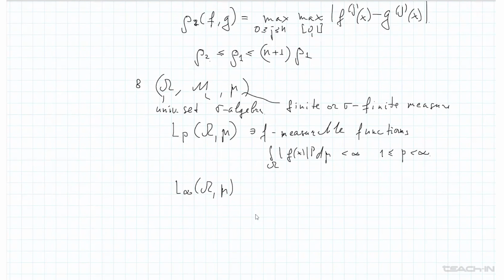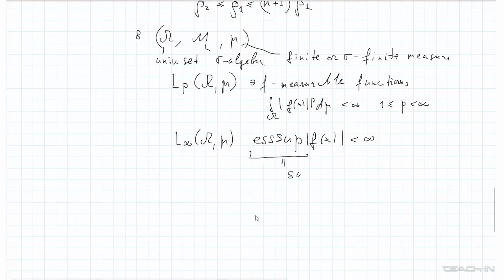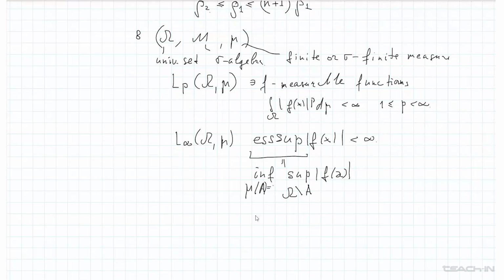Should I remind what it is or not? Yes, please. Okay. The essential supremum is finite, and this just means the function is bounded almost everywhere. So we take the supremum not over the whole set Omega, but we can discard some small set A. And what is small here? Any set which is measurable and of measure 0.